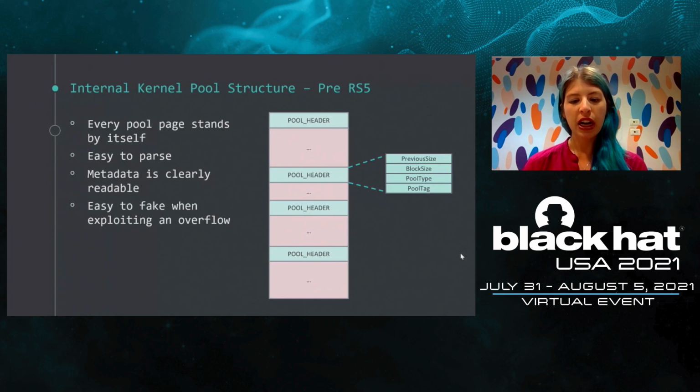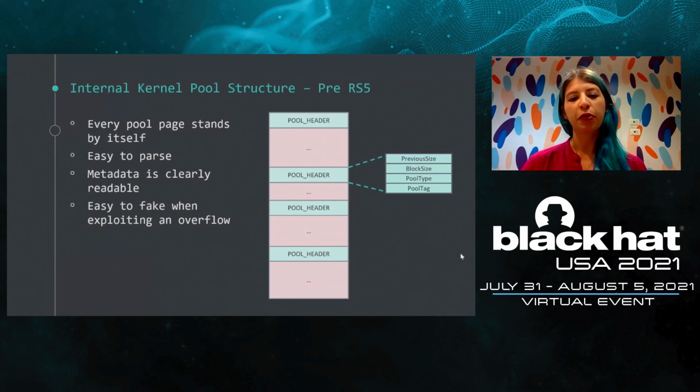But from a developer or defender or exploit perspective, before RS5, the pool was a relatively simple thing because it had pretty simple structures as far as the exploit was concerned. We could look at the pool on a per-page basis.